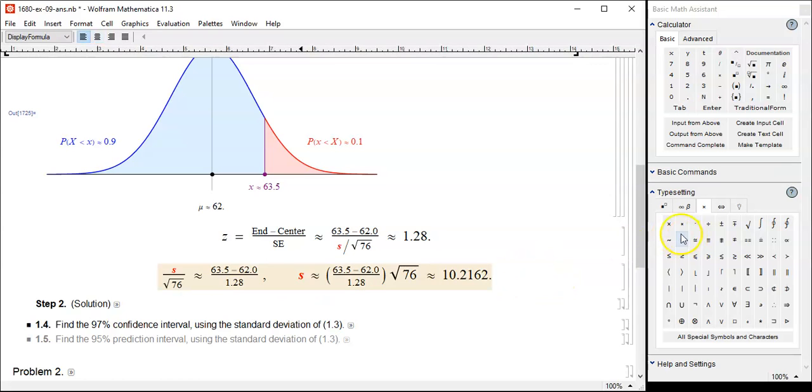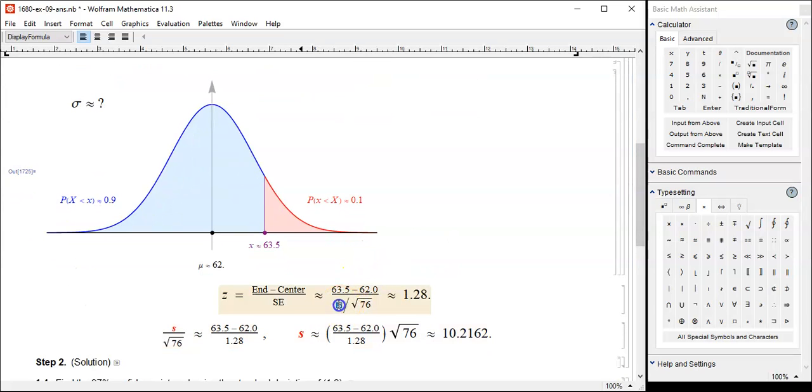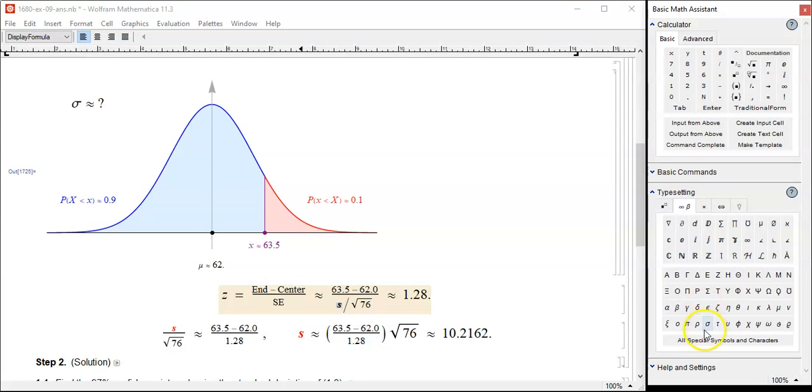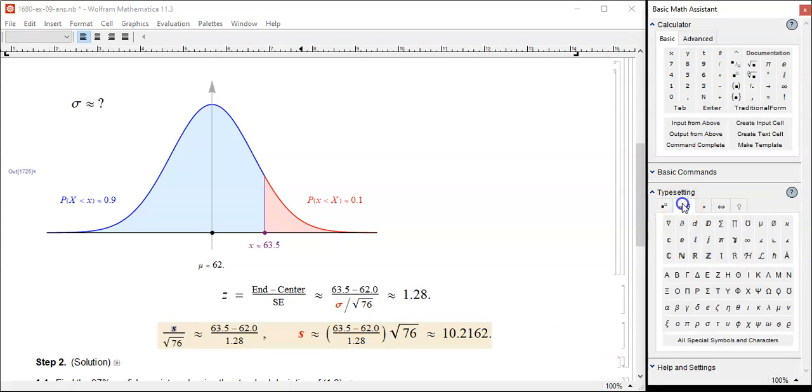By the way, I use S, but if you want Greek letter sigma, go ahead and do that.